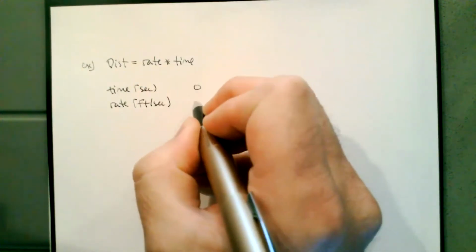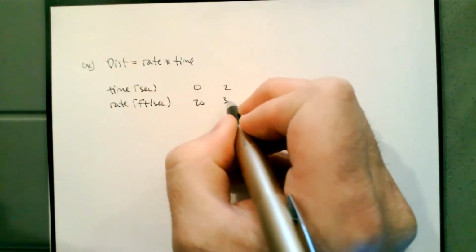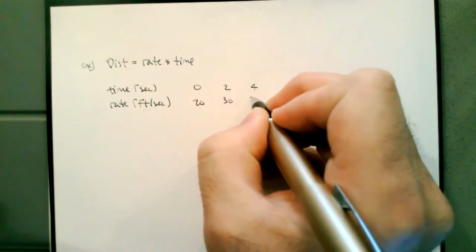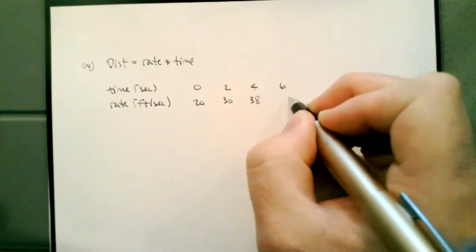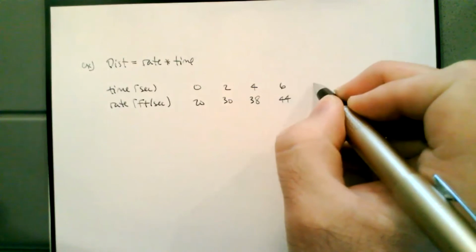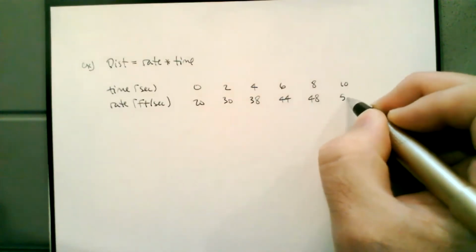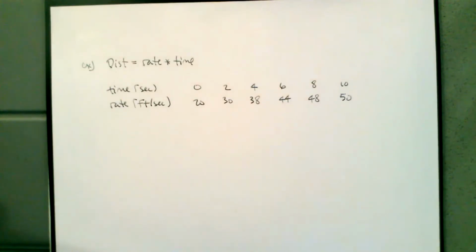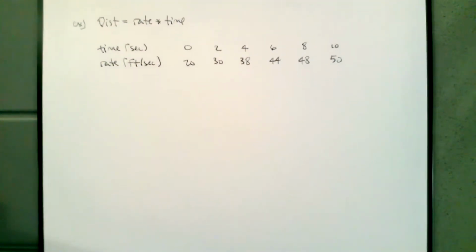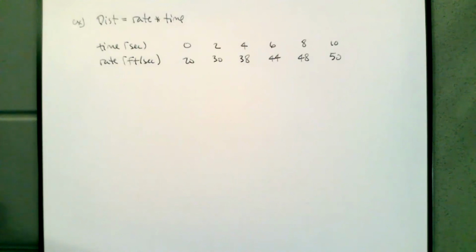At 0, we have 20; 2, 30; 4, 38; 6, 44; 8, 48; and 10, 50. So a lot of times what we'll do is say if it's between 40 and 60, then we'll just average those two and call them 50.